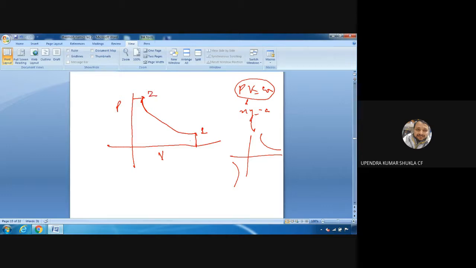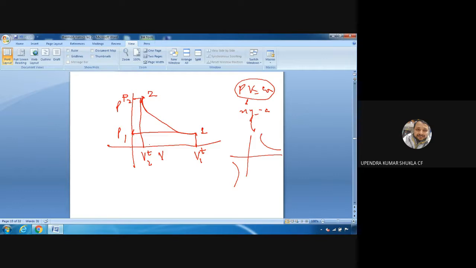So what will happen? Now here you will have the V1 volume, total volume at state 1, and at this place you will have total volume V2. Similarly here P2 and here P1 pressure. All right.